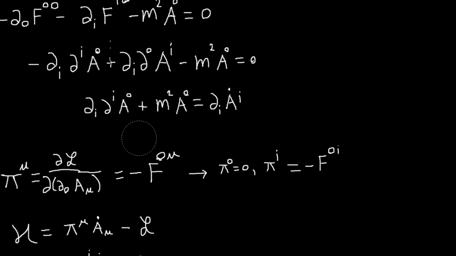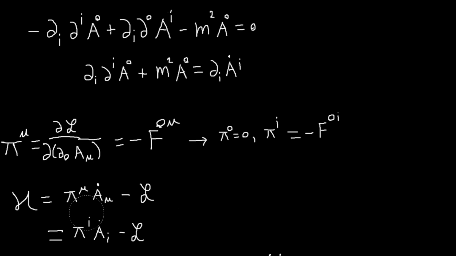So now that we have our conjugate momenta densities, we can write our Hamiltonian density. Again, this is supposed to be a curly H of some kind. But it will just be this expression: π^μ Ȧ_μ minus the Lagrangian density.